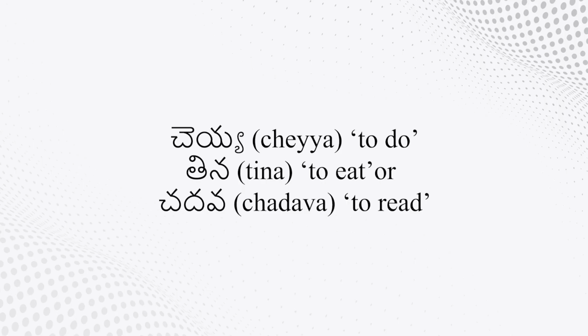The infinitive represents the core meaning of the verb such as cheyya, to do, tina, to eat, or chadava, to read. The infinitive conveys the main action that can be performed.